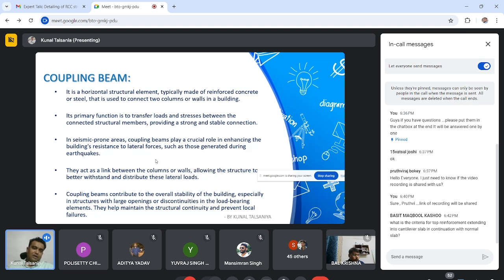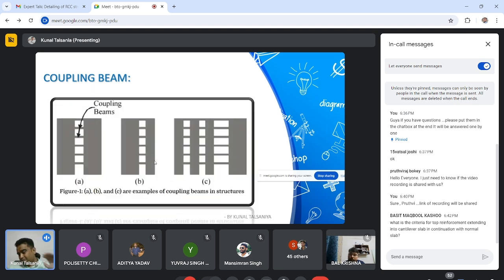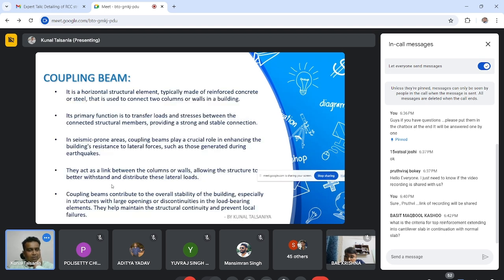What is a coupling beam actually? First I will show this figure. You can see figure A, figure B, figure C. When you have a shear wall with a very small span beam, it is a horizontal structural element typically made of reinforced concrete or steel that is used to connect two columns or walls in a building.